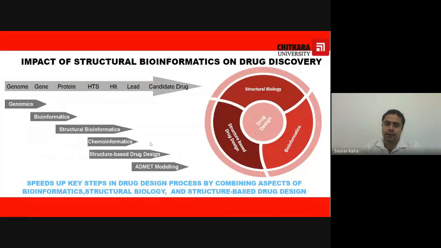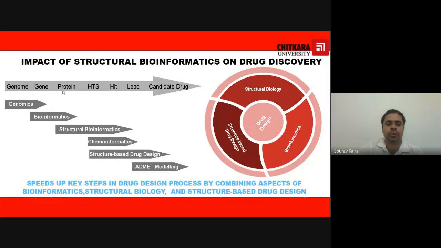I have already told you about this chart, where we can say that we are using structural bioinformatics for drug discovery. Structural bioinformatics involves chemoinformatics, structure-based drug design, ligand-based drug design, and ADMET modeling. We start with the human genome, and we take any one gene that is overexpressed in our body, which codes for some protein.